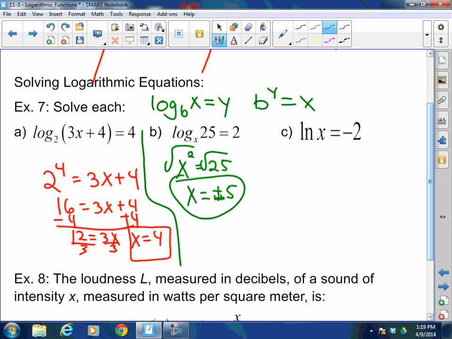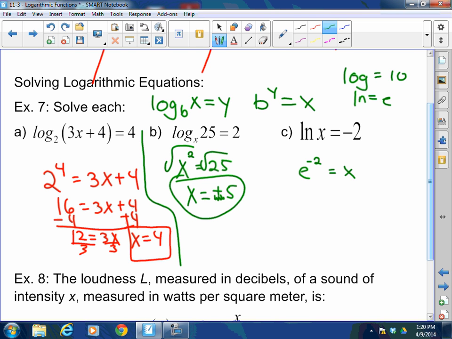ln of x equals negative 2. What is the base of ln? E. No, guys. When I go log, it's base 10. ln, base e. So this is e to the negative 2 equals x. Go ahead, guys. Use your calculators. So you're going to have, in my case, second function.